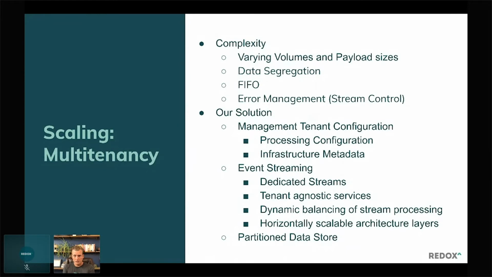And the last one is error management becomes even harder. The error management with one FIFO stream is hard. When you're doing it with multiple FIFO streams, it's exponentially harder because you need to be able to pause one feed into your system without impacting the rest of the feeds.